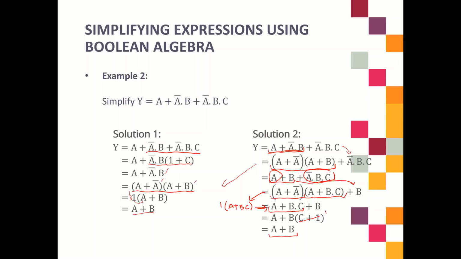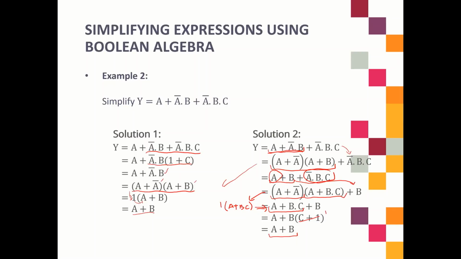So these are two solutions that you can apply for the simplifying process. Based on the solutions, of course, you will have the same answer. No matter what kind of theorems you use for your first start, you need to have the same answer because you are given the same questions, right?